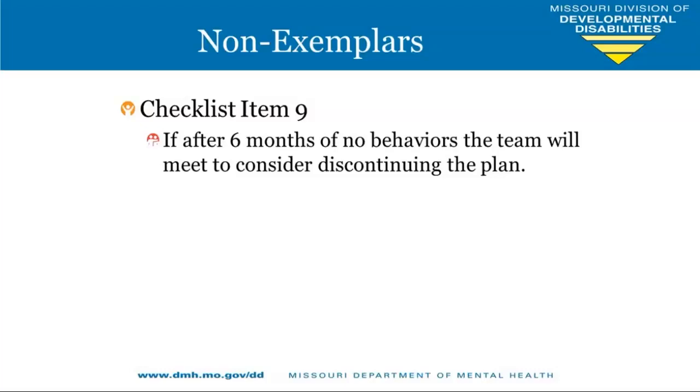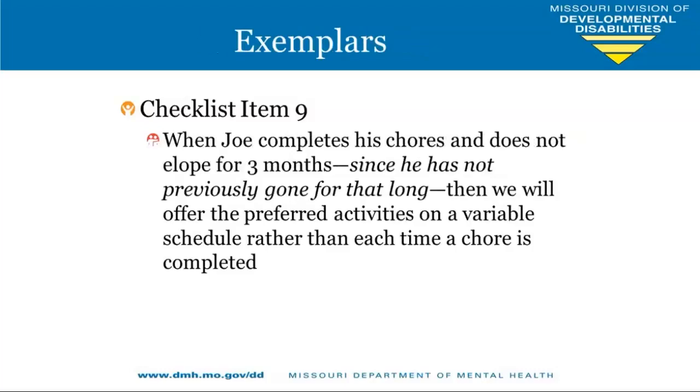So let's go on to that exemplar now. When Joe completes his chores and does not elope for 6 months, since he has not previously gone that long, then we will offer the preferred activities on a variable schedule rather than each time a chore is completed.